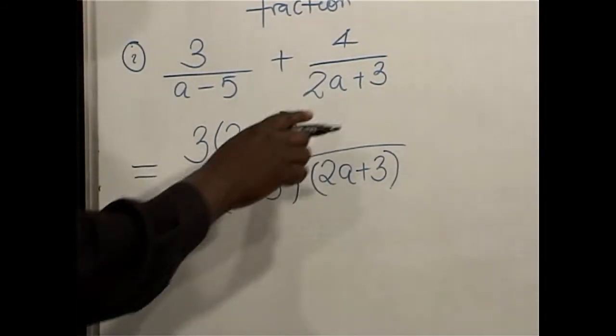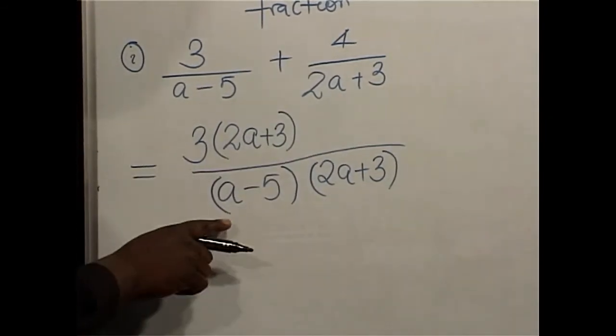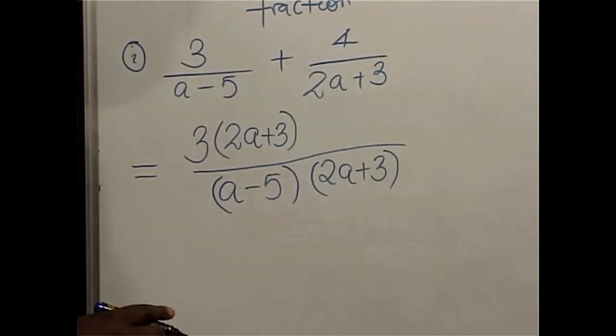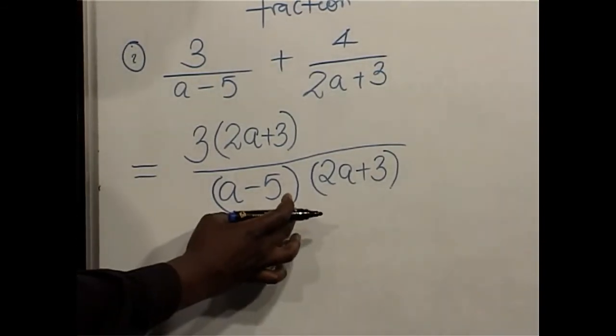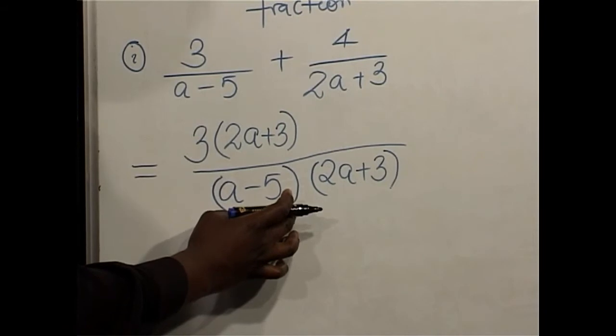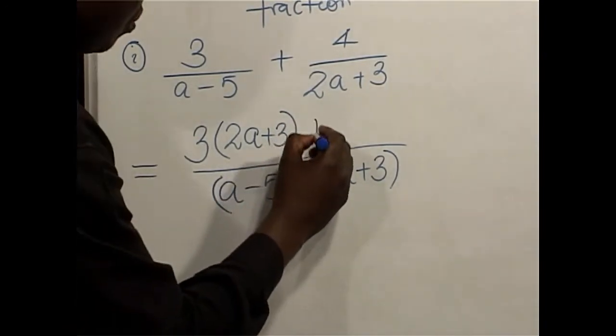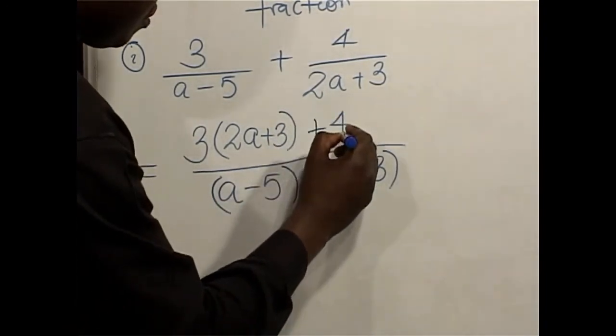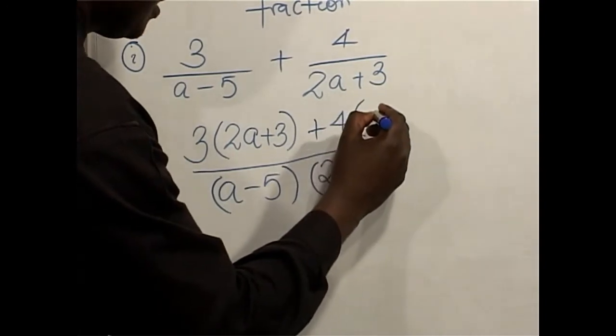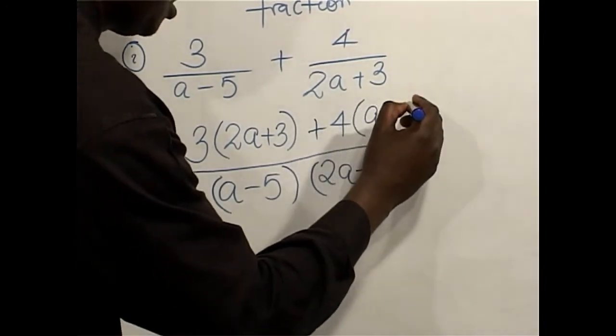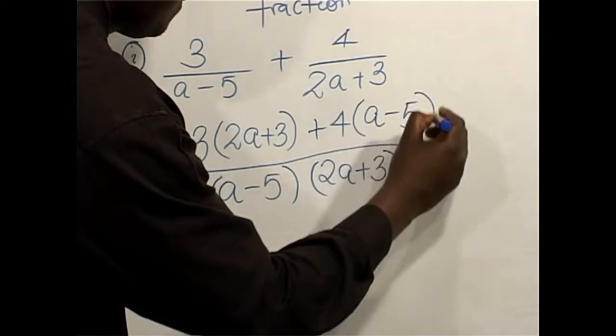The second denominator, 2a plus 3, when divided into the lowest common denominator, the result is going to be a minus 5. So positive 4 must be multiplied by that result, which is a minus 5.